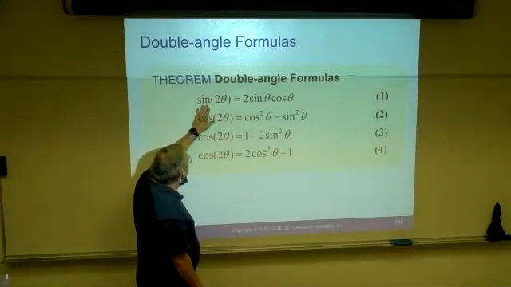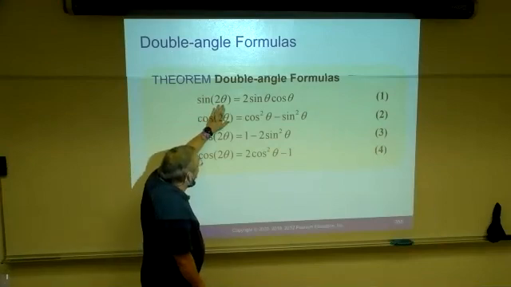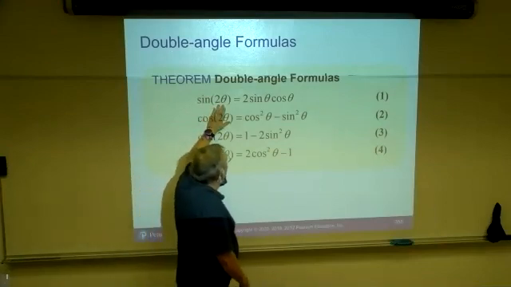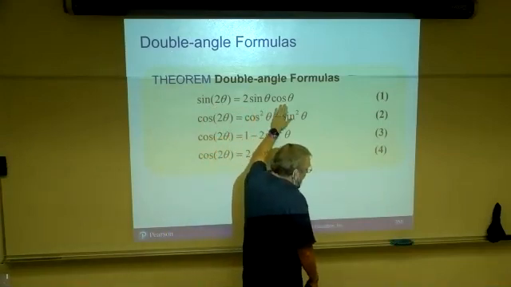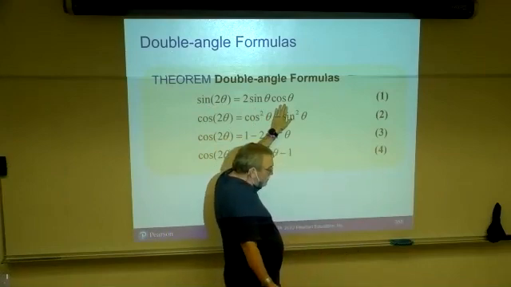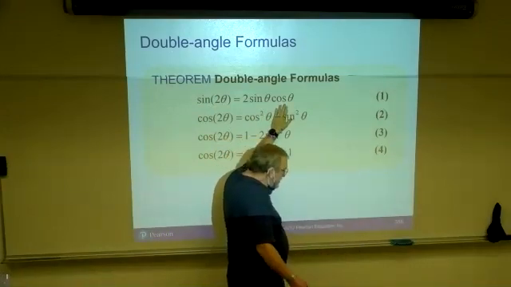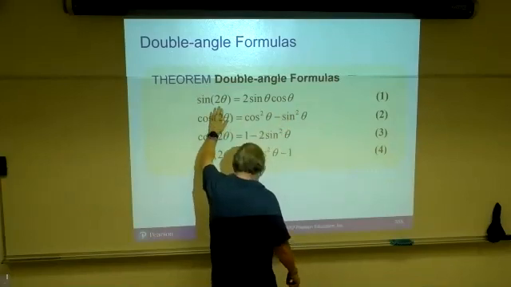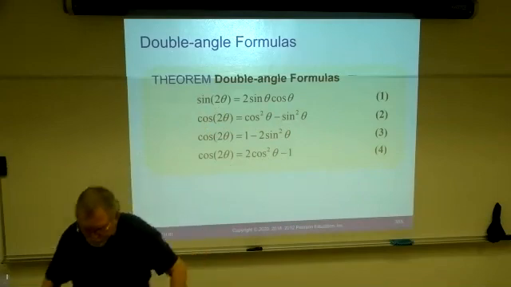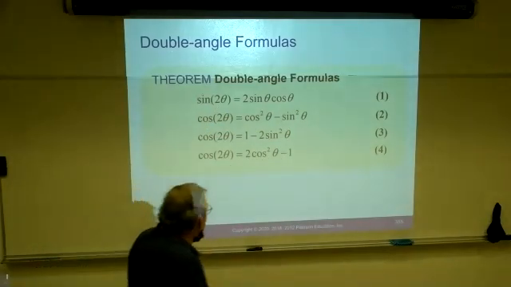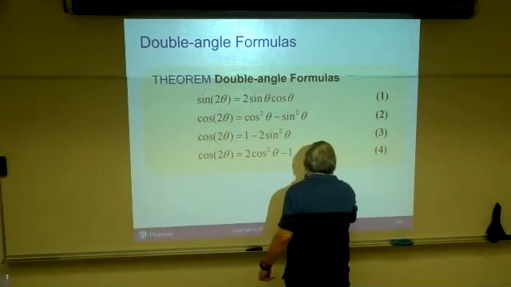If I take the sine of 2 times theta, then it's the same as 2 times the sine of theta times the cosine of theta. An example, 60 degrees, which is 2 times 30. I think it's easier to see once you explain it using examples.